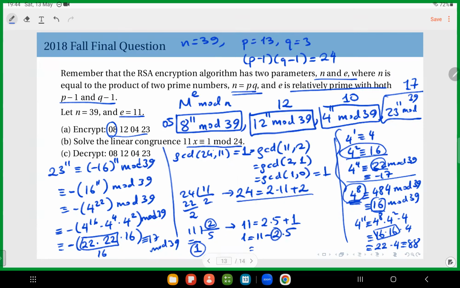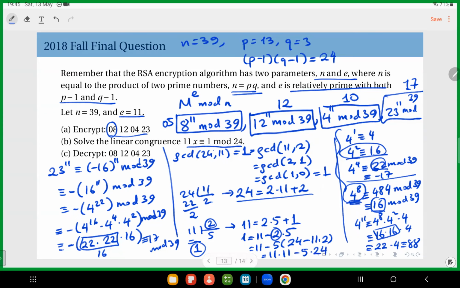So that will be 11 minus 5 times (24 minus 11 times 2). And that will give me 11 times, so I have 1 already here, and minus 5 times minus 2 gives me plus 10. So that is 11 times 11 minus 5 times 24.